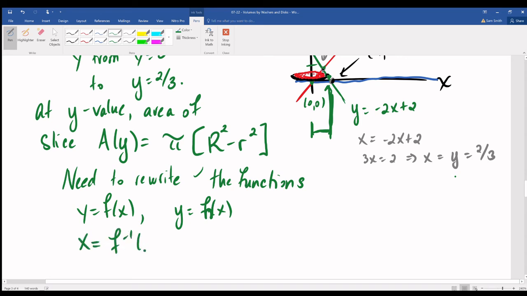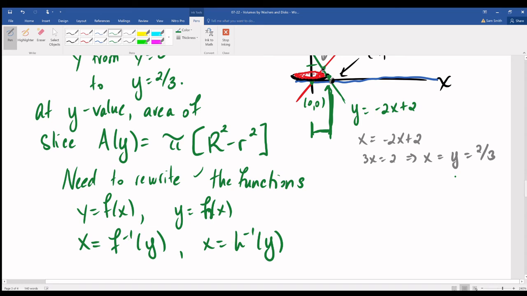I need x as a function of y, so that the independent variable y is an exact match for the variable of the axis that we're spinning around. Spin around the y-axis, you need x as a function of y.